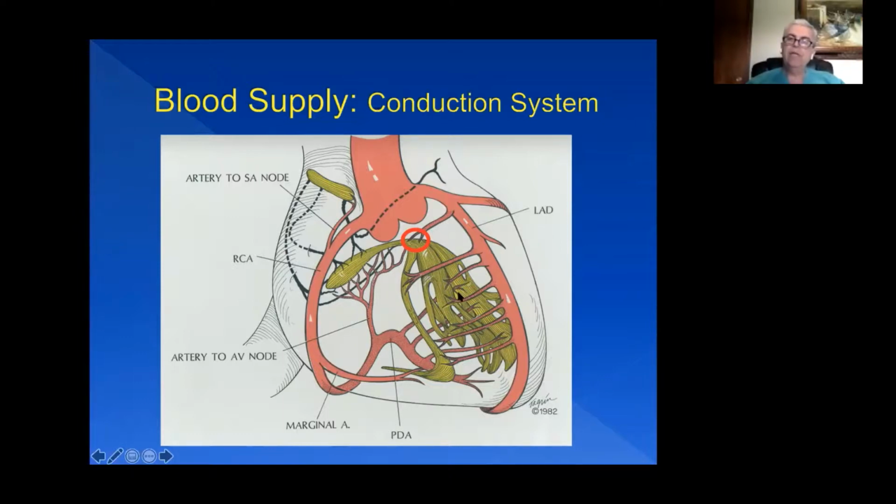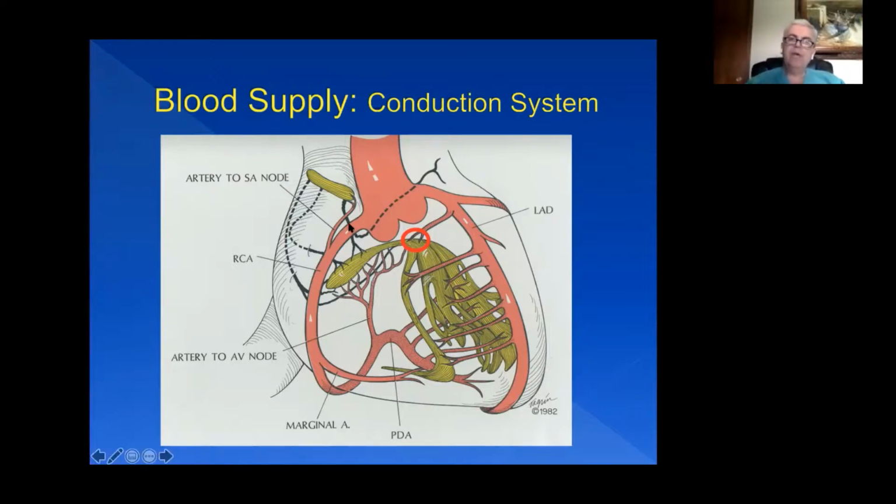The bundles, they get most of their blood supply from the left anterior descending artery. Of course, there are exceptions and double blood supply to some parts of the electrical system.